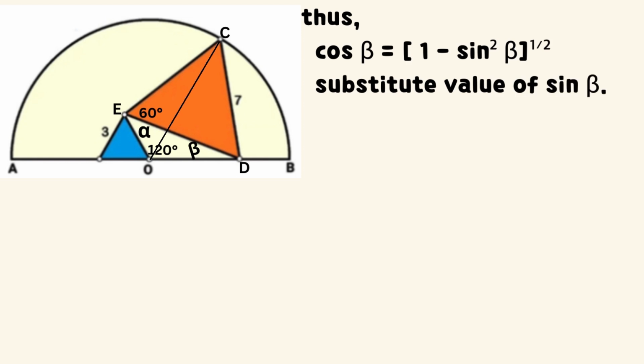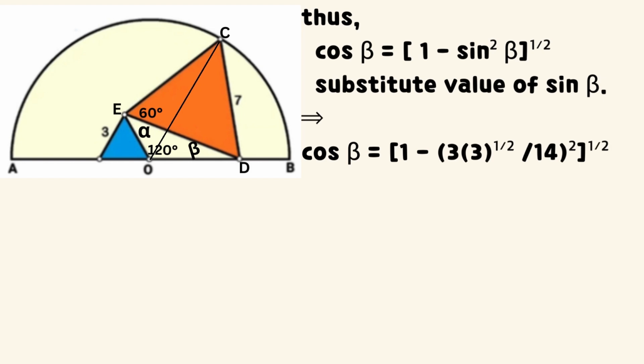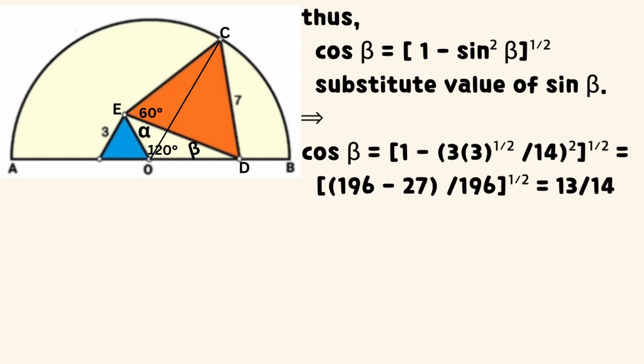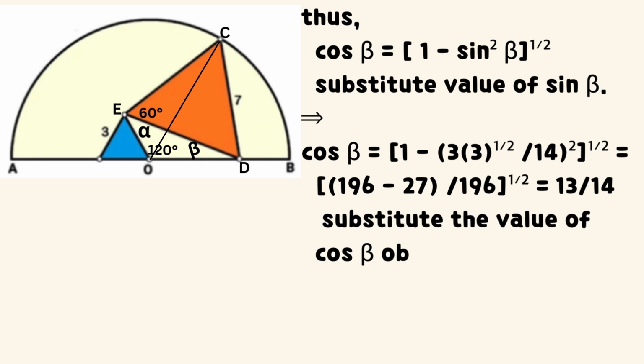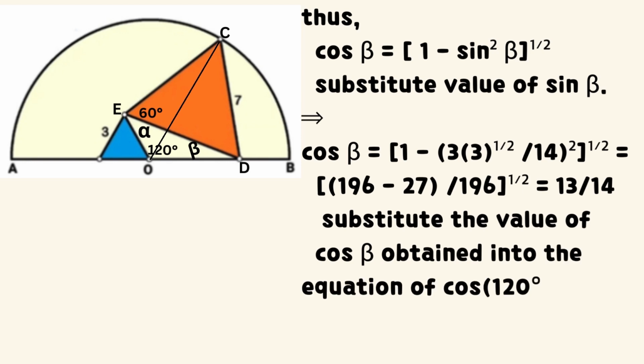Thus, cosine beta equals the square root of 1 minus the square of sine beta. Substitute the value of sine beta. It implies that cosine beta equals 13 divided by 14 after simplification of substituted values.